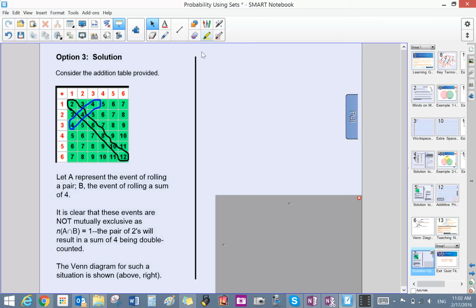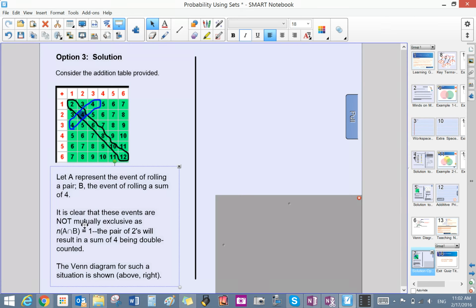If I highlight that right now in a nice bright pink, this element right here, okay, that 4 is shared by both event spaces, right?